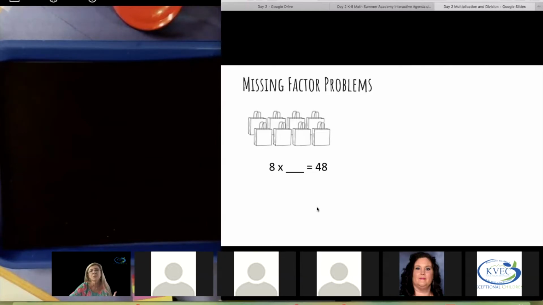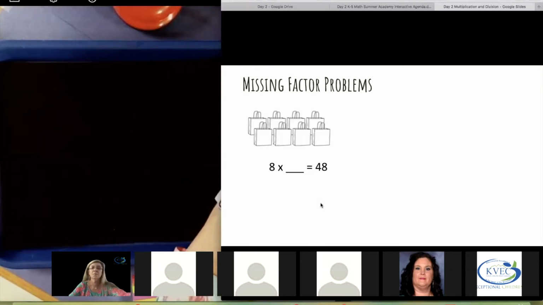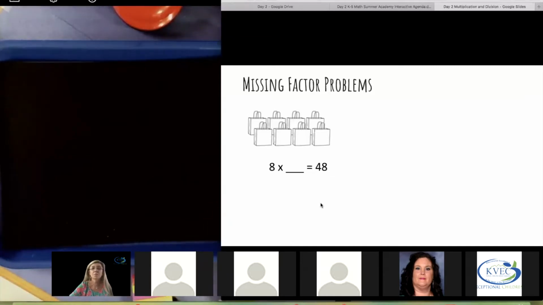What could they do? If they didn't know that fact, what could they do to figure it out? Could they put items in the bag until it reaches 48? Absolutely, they could.